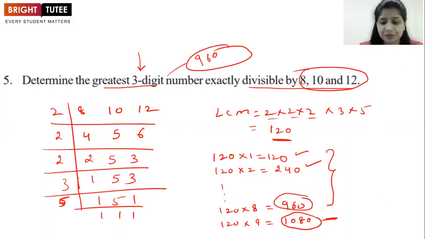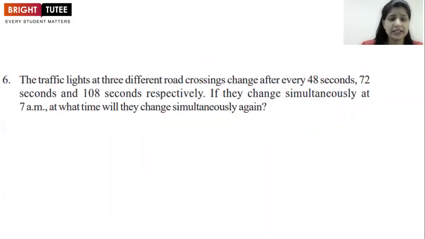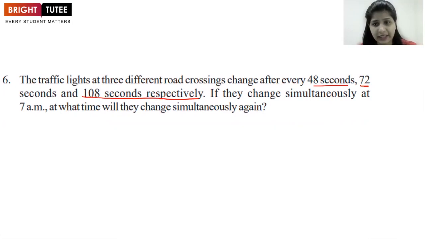Clear? Moving to the next one, it is saying the traffic lights at 3 different road crossings change after every 48 seconds, 72 seconds and 108 seconds respectively. So what is basically happening? The traffic lights at 3 different road crossings, the first changes every 48 seconds, then 72 seconds and then 108 seconds respectively.